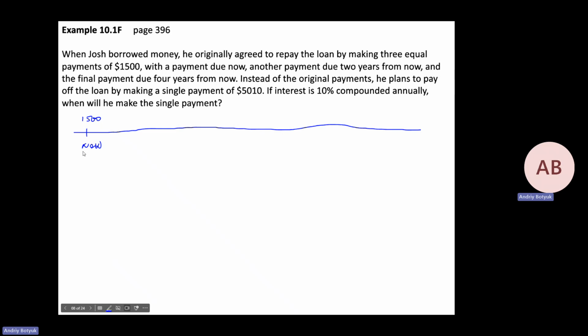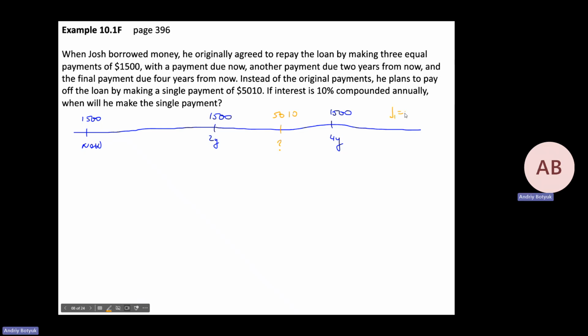And we don't care. We know that today he has to pay 1,500, but probably he didn't have money. So 2 years from now, 1,500. And 4 years from now, 1,500. So instead of that, somewhere here, maybe, we don't know for sure, he will pay $5,010.